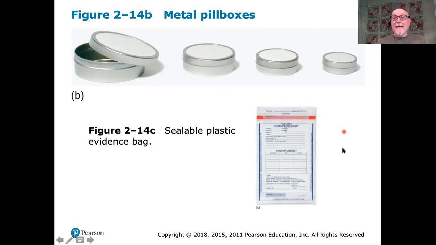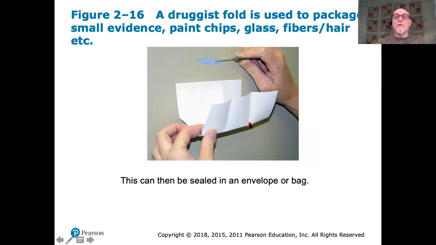This is a sealable plastic evidence bag, and these are useful. For example, let me just show you this here. This is called a druggist's fold, and this is used for collecting very small pieces of evidence, such as if they spot hairs or whatever on a victim or suspect's clothing, paint chips, very small pieces of glass, etc., can be dropped into a druggist's fold.